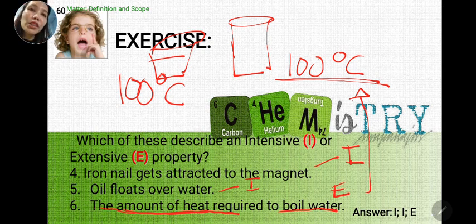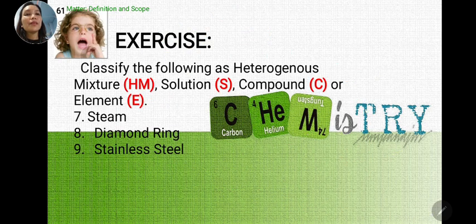Kasi, syempre, konting heat lang yung kailangan mo kapag magbo-boil ka ng isang basong tubig compared to kung magbo-boil ka ng isang drum na tubig, maubos yung gas mo. 'Di ba? So, that is an extensive property. Yung sa classification naman, so, these are the answers.